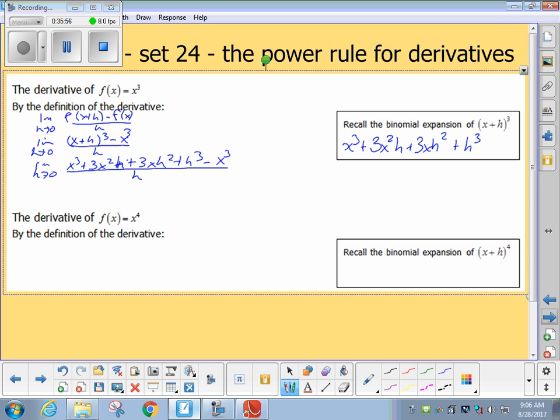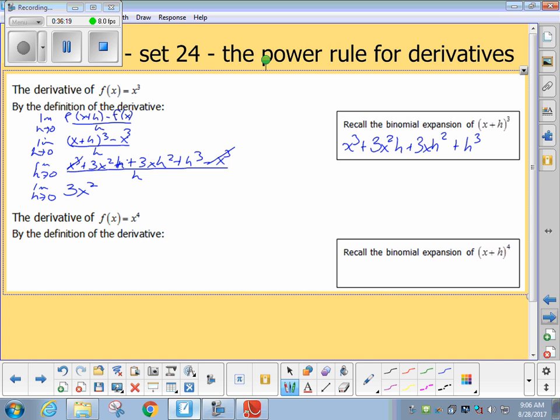again, that same kind of thing is happening. The first term subtracts away. Every other term has an h, so I'll be able to divide out an h. The h's all go away in the second term, and the second term is a non-h kind of term.